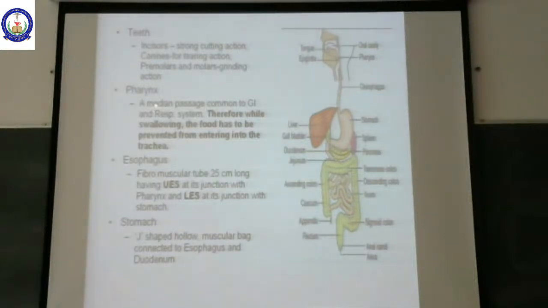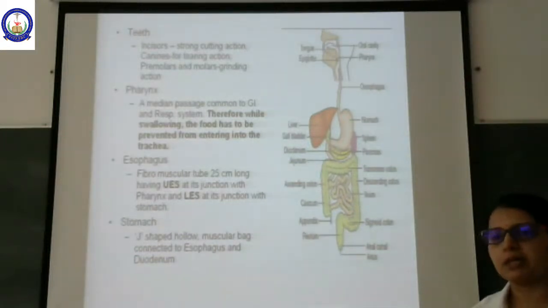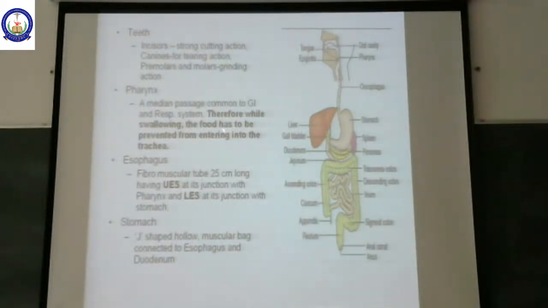Next, pharynx. What is this pharynx? Pharynx is a median passage common to the gastrointestinal tract and respiratory system. So this pharynx is divided into the oropharynx, which leads into the oral cavity, and the nasopharynx, which leads into the nasal cavity. So this is a common passage for the gastrointestinal system and respiratory system.